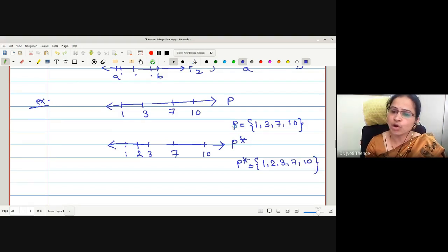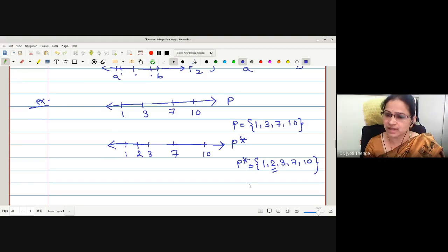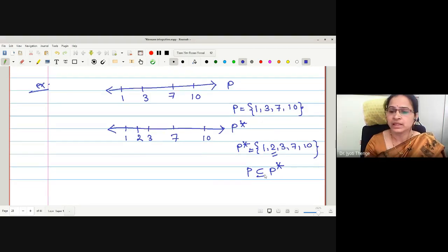Are all points of P points of P star? Yes, and this is also a point extra. Therefore, may I say the condition P contained in P star holds? Yes. Therefore, P star is called the refinement of the partition P.